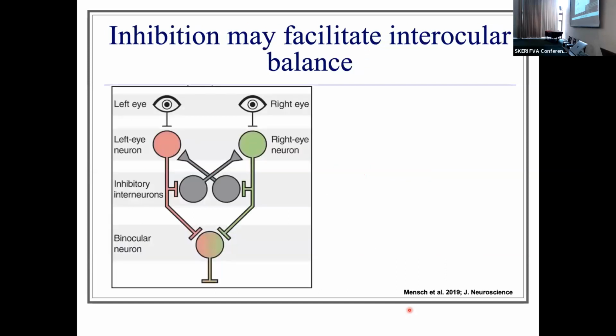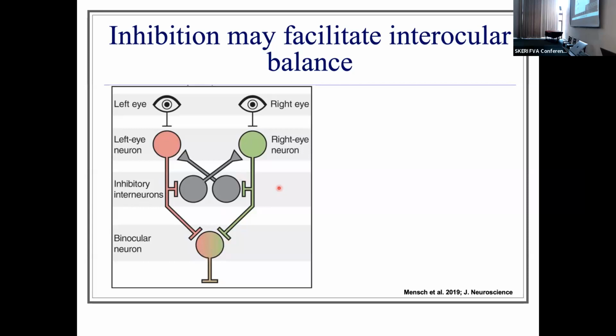This is from a paper by Mensch, but the idea is that inhibition is really important for interocular balance. If we imagine the signals coming from the two eyes, what we want at the output is a binocular neuron that gets equal input from the two eyes.